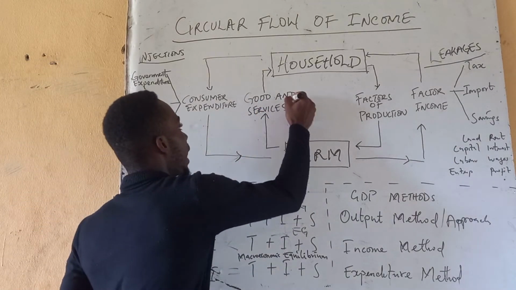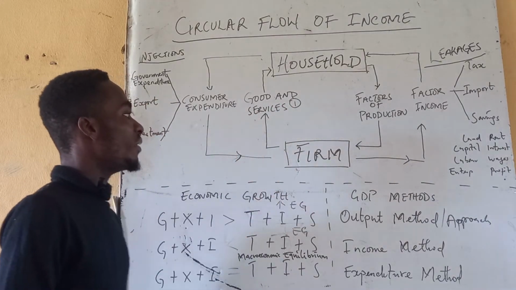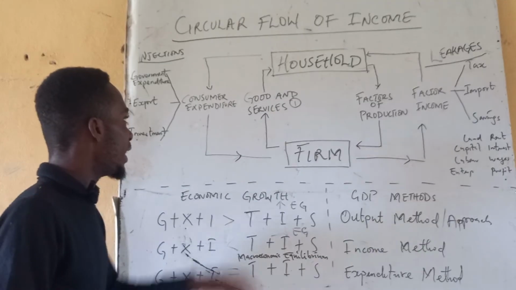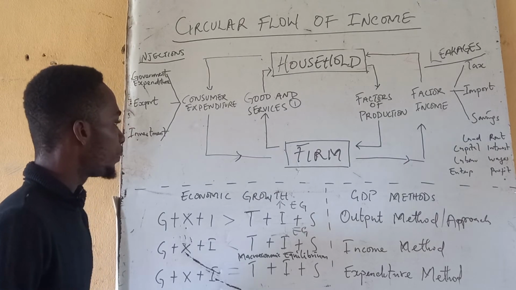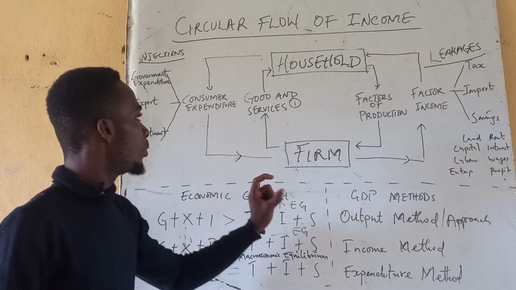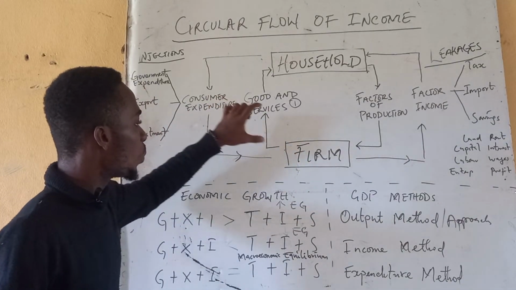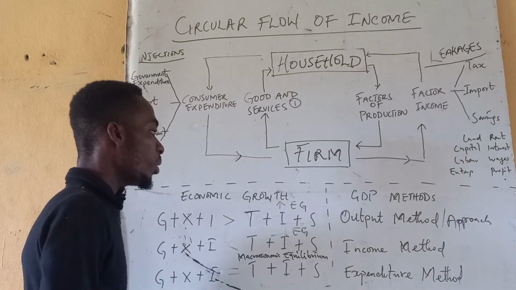That means we'll be looking at the goods and services that are being sold to the household. And that is this point of the circular flow. So the monetary value of those goods and services is what is being recorded as GDP using the output approach or method.